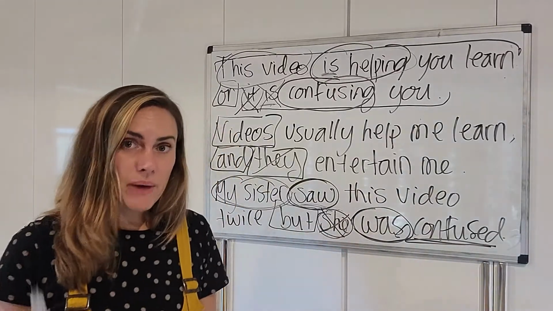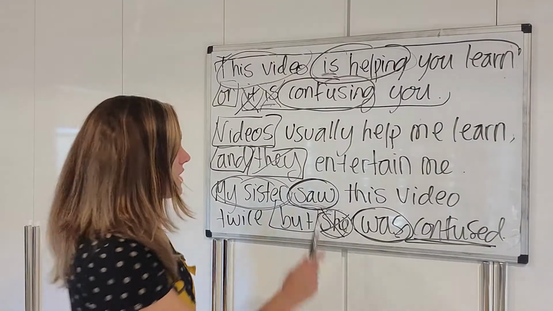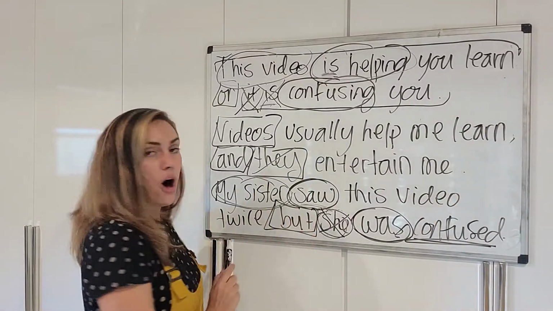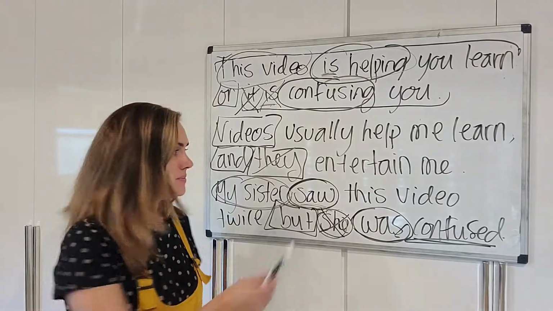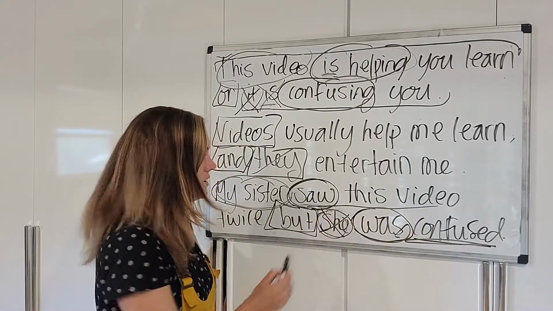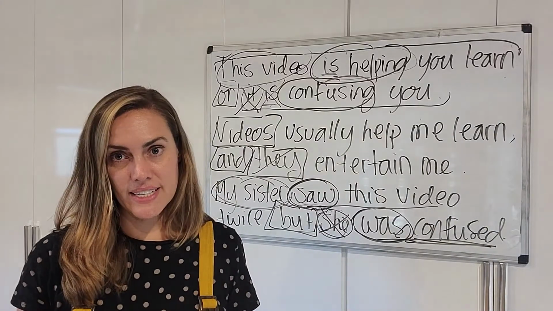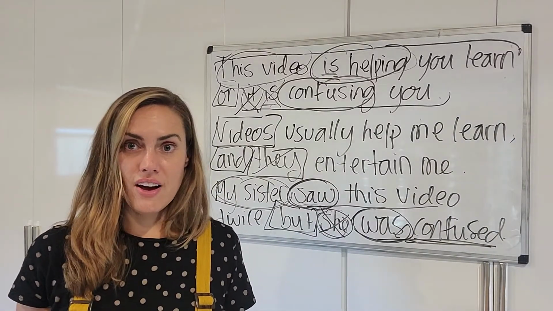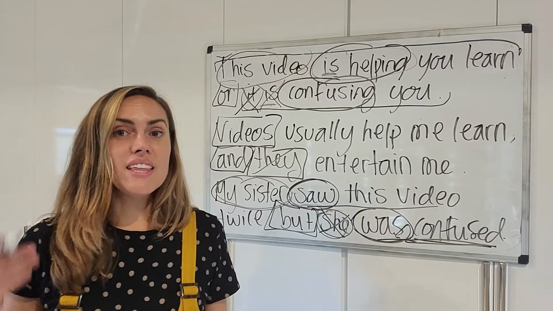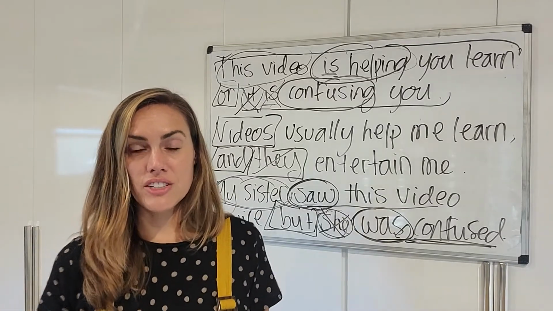And this is parallel. Why is it parallel? Look at the but. On both sides we have verbs. Saw this video, was confused. And both verbs are in the past tense and they're correct. Okay? So that's sentence level parallel structure. I should point out a comma rule.